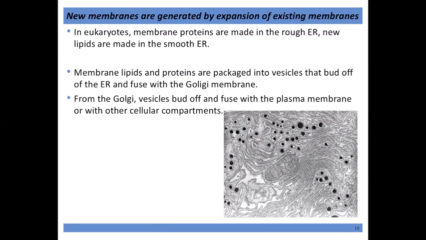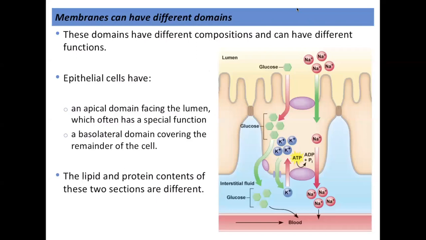But what we want to talk about is another reason that we have asymmetry in the bilayers. Not only is there asymmetry in the bilayer, there are also what are referred to as domains within the membranes.